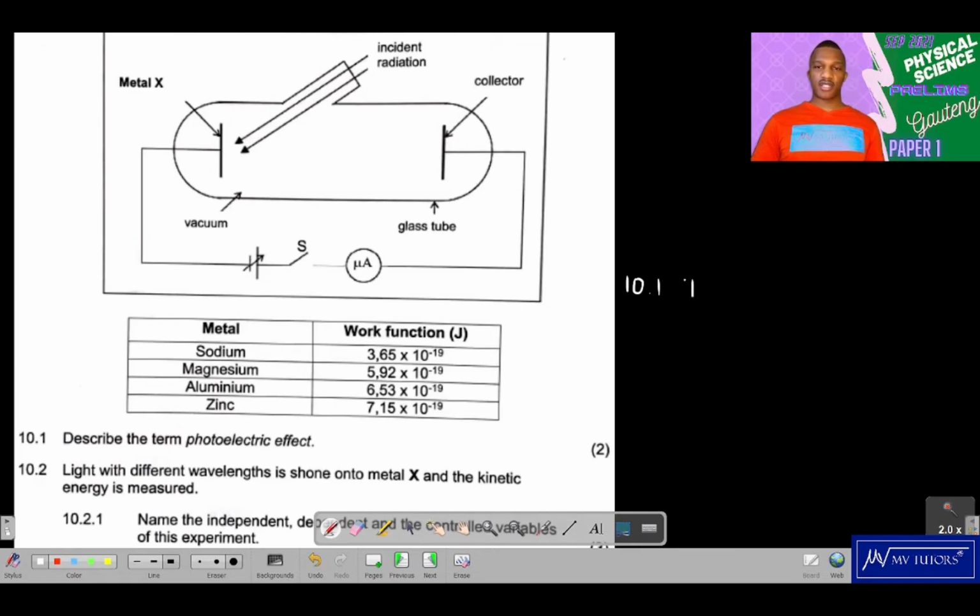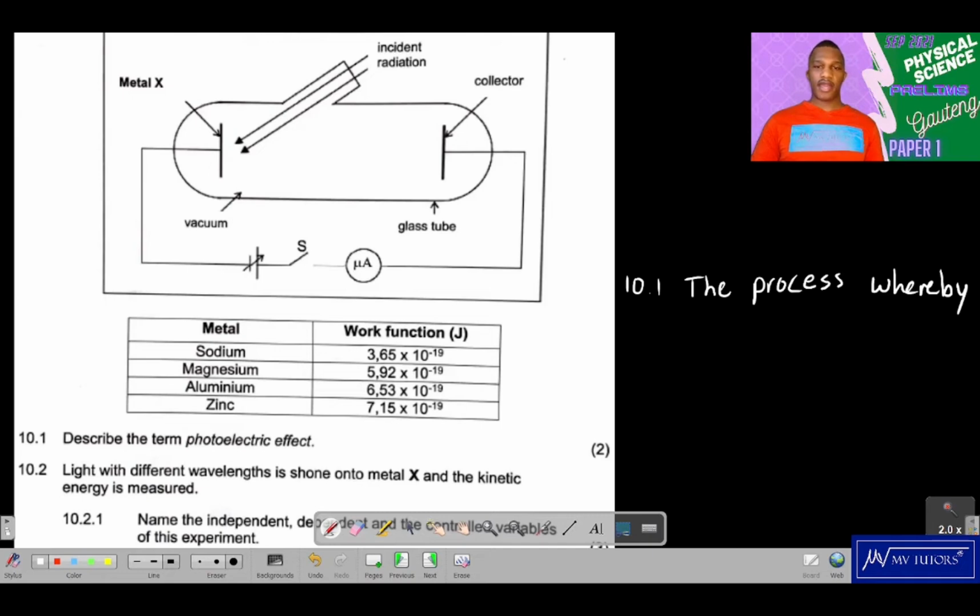Okay, so this is the process whereby, now if you look here, this is the process whereby the electrons from a metal surface, when lit with this incident line, let's just write it down before I explain it practically.